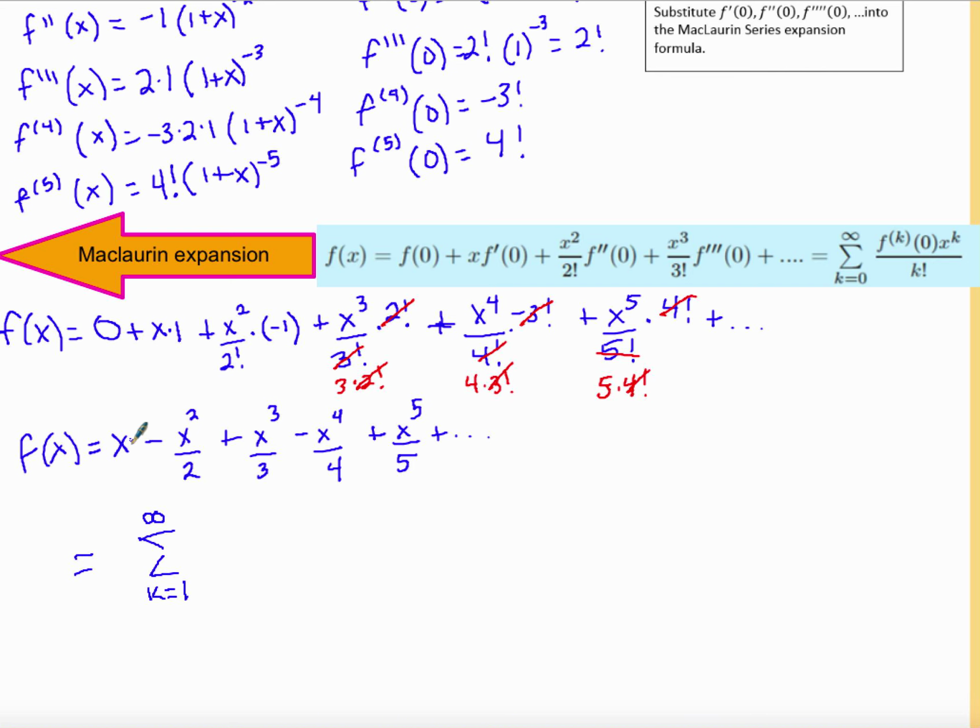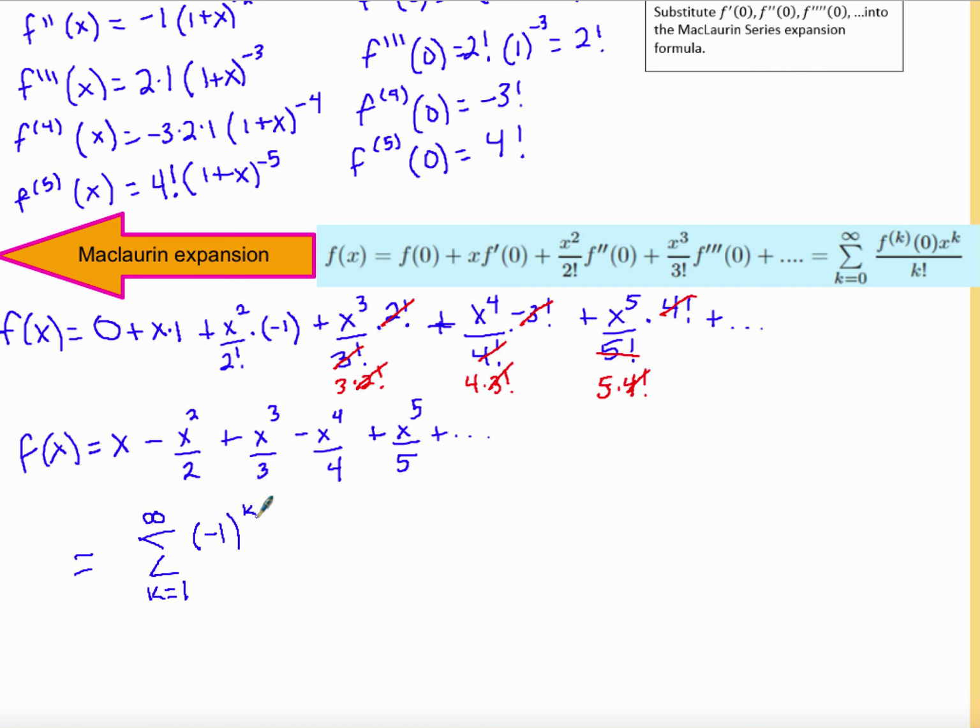Now, I do notice that I have alternating signs, so I'm going to need to use my alternating series situation, negative 1 to some power. Now, if I use negative 1 to the k power, and k is 1, then I'm going to start with negative 1. But this doesn't start with a negative. It starts with a positive.